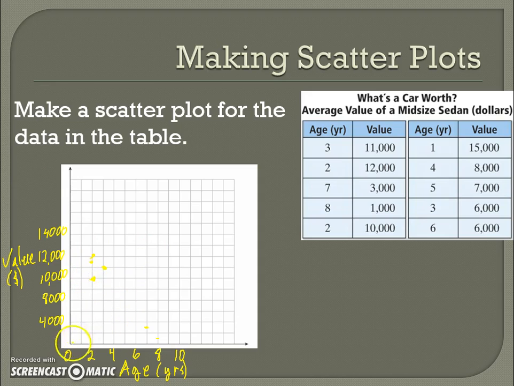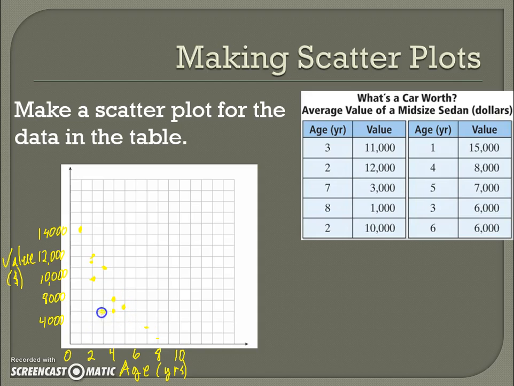And let's see, I'm at 1 and 15,000. Oh, so that's a pretty expensive car there. 4 and 8,000. And then you start seeing this picture that's kind of coming together here, where you notice that the older the car gets, what's happening to the values here.